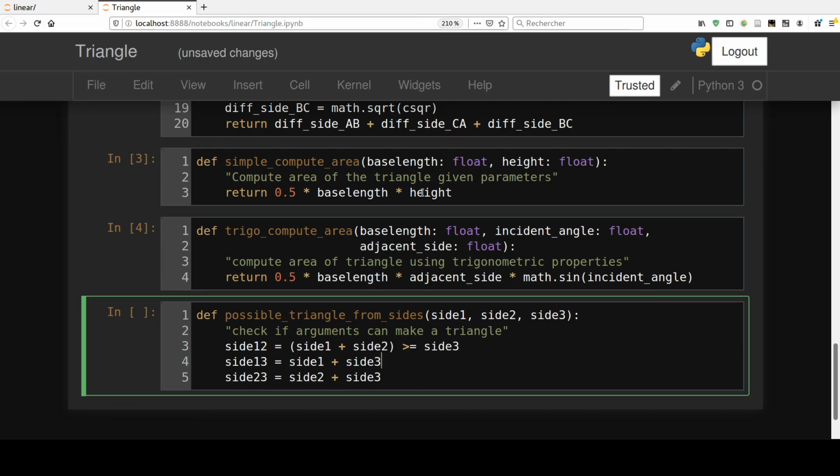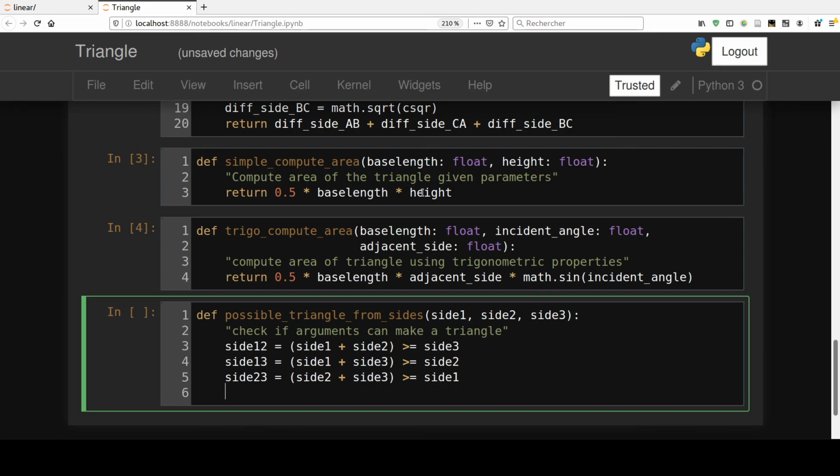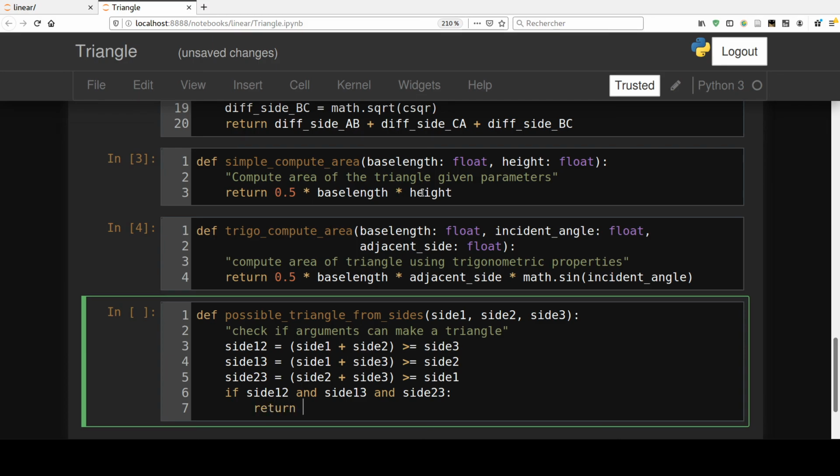Side 3, side 2, side 1. And if side 1 2 and side 1 3 and side 2 3, return true, if not, false.